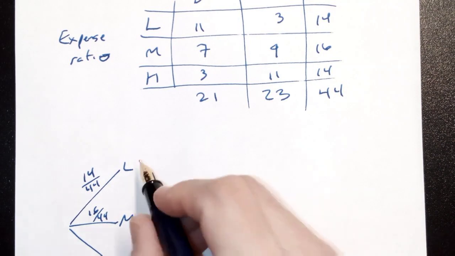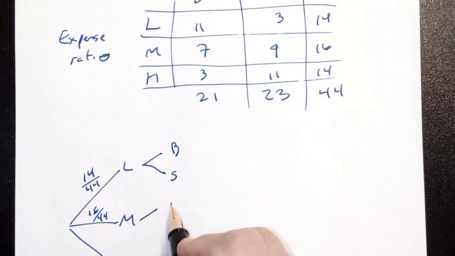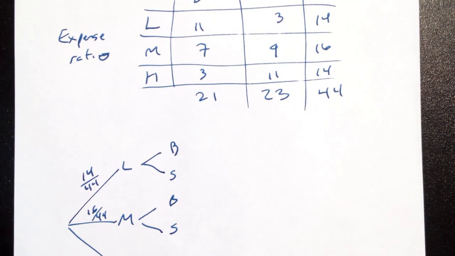But now each of these can be subdivided. And these branches are now conditional probabilities. Sorry, I'm looking within each row.